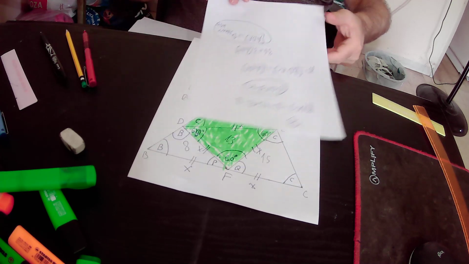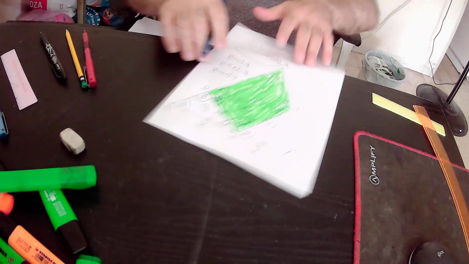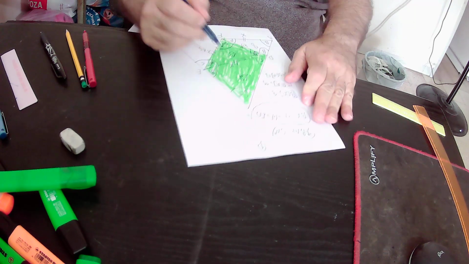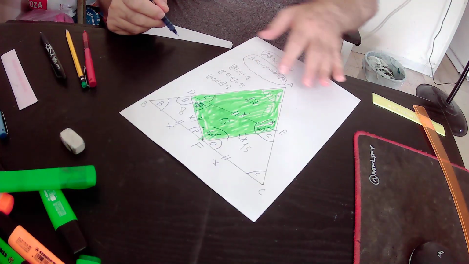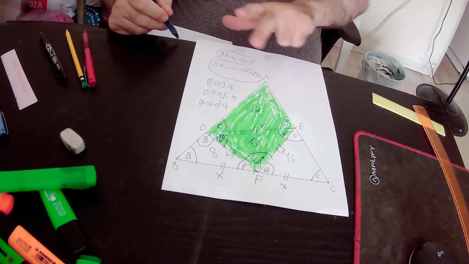So the area of triangle AED equals 12 square units, and now we found out the area of quadrilateral ADEC.